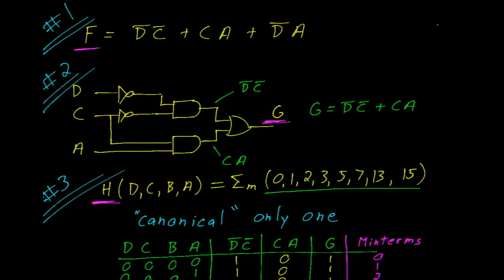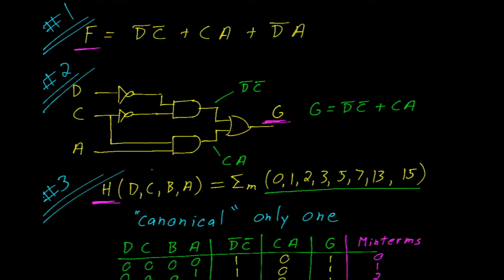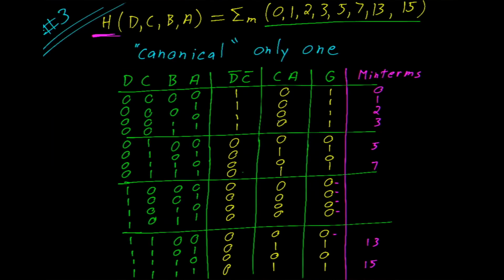With that done, we can now compare this circuit to this circuit. So we're comparing G to H. It looks like we've been successful. Here's minterms 0, 1, 2, 3, so that's these, 3, 5, 7, and 13, and 15. So circuit H is identical to circuit G.